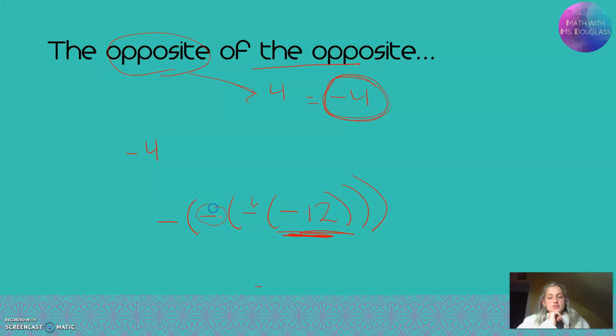The opposite of positive 12 is negative 12. The opposite of negative 12 is back to positive 12. So this whole thing equals positive 12. Watch for your negatives. Make sure you're telling yourself, okay, the opposite of this is positive. The opposite of this is negative. Take your time and good luck.